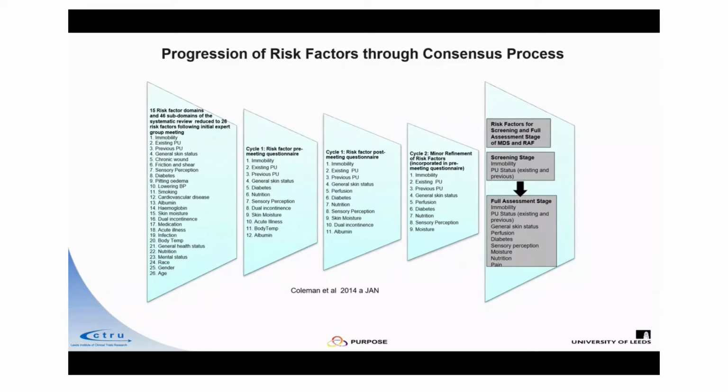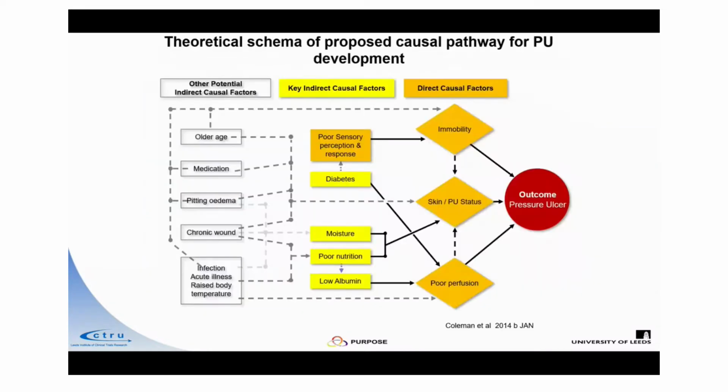So next slide, please. And then we tried to put, as I say, all of those into a theoretical causal pathway. So if you look to the left of your screen, you'll see that older age has emerged in risk factor research as being important.